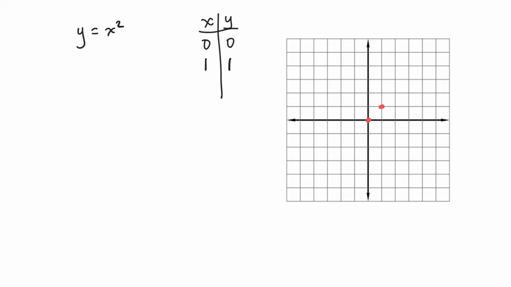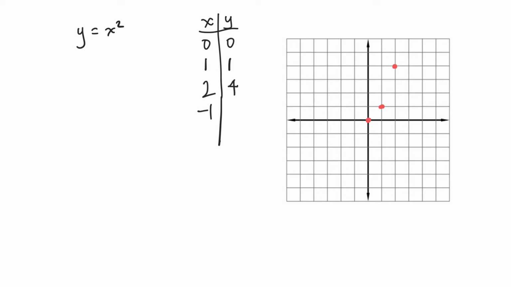Okay. And then, if we plug in 2 for x, so now this is 2. 2 squared is 4. So now we'll plot that (2, 4), that's right here. Let's go the other direction, and so let me extend this down, and put in -1.